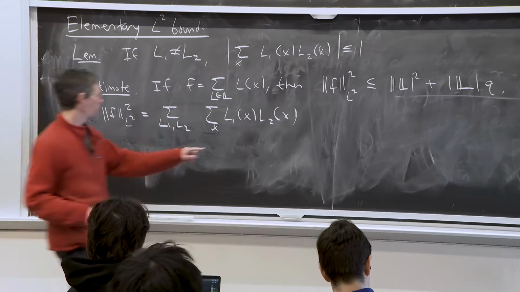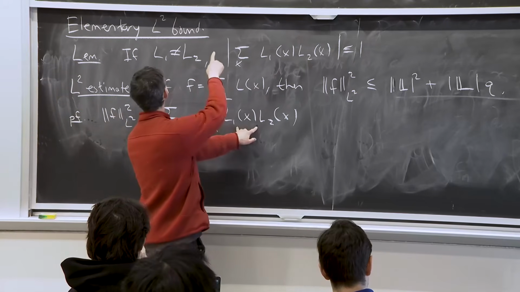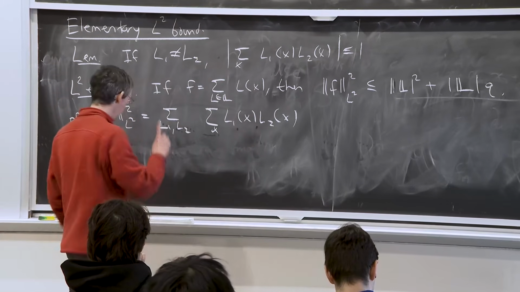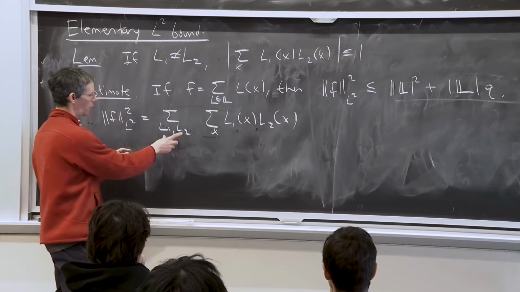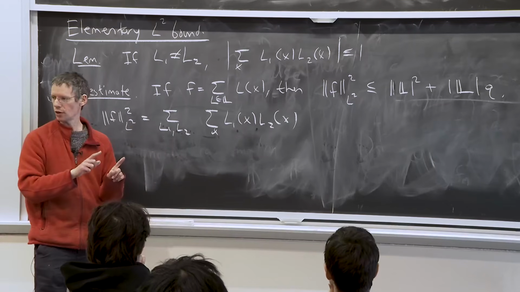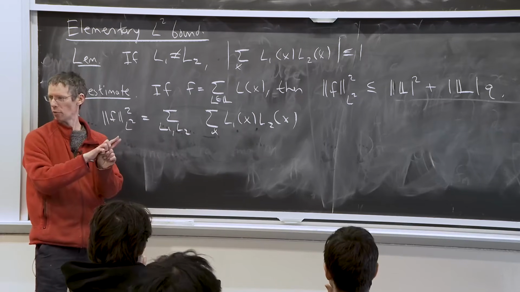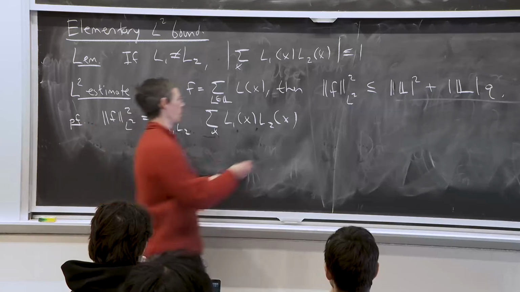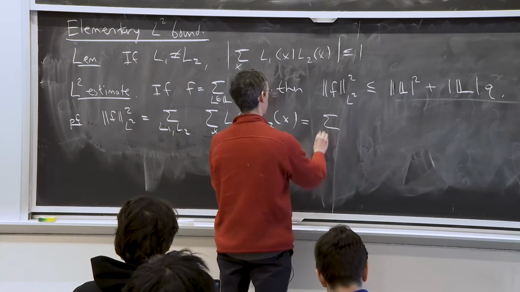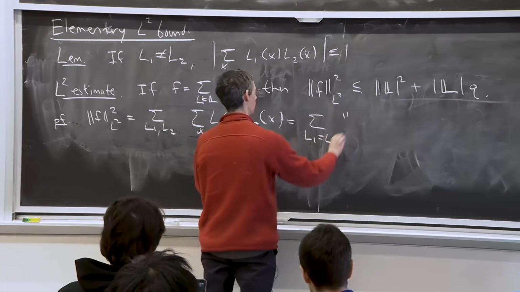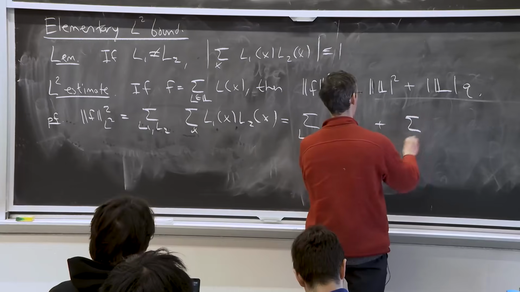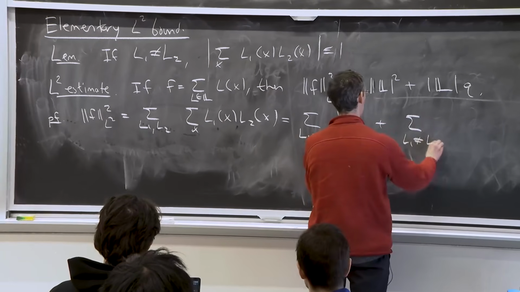OK. And now each one of these sums we can control with this lemma. All right. But you have to be a little bit careful. If L1 is equal to L2, that's a different situation. A line intersects itself in a lot of points. So we're going to split up this sum. So it's the sum where L1 equals L2 plus the sum where L1 does not equal L2.